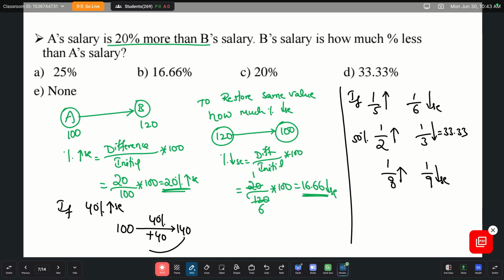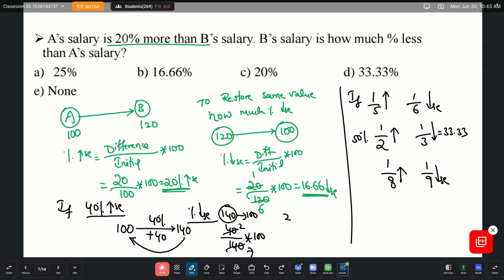To restore the same value, how much percentage we need to decrease is nothing but percentage decrease, 140 to 100. So percentage decrease equals difference by initial. Difference equals 40. Initial value equals 140, into 100. 40 by 140 will be equal to 2 by 7.